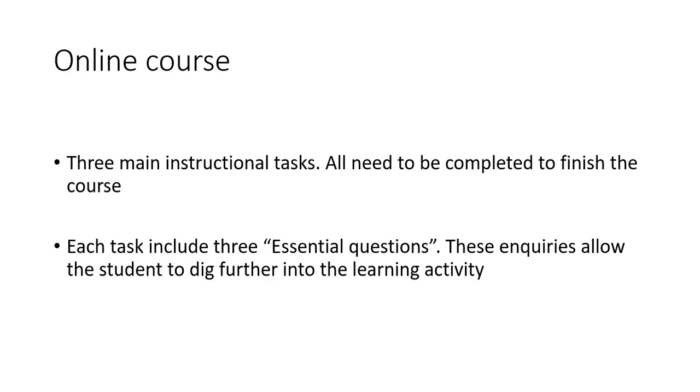Secondly, for each task there are essential questions that the learner has to answer in order to demonstrate that he or she has actually learned and absorbed the information and developed the skill necessary to install, configure and use the application on the smartphone.